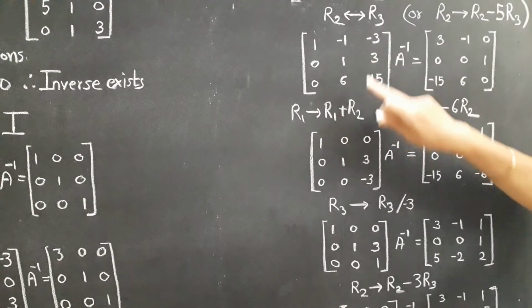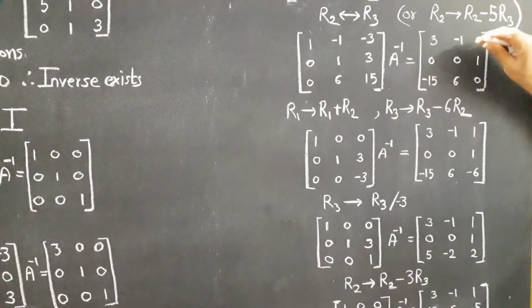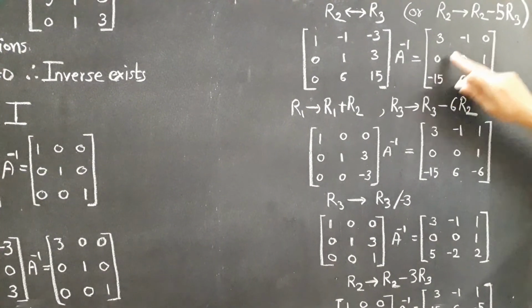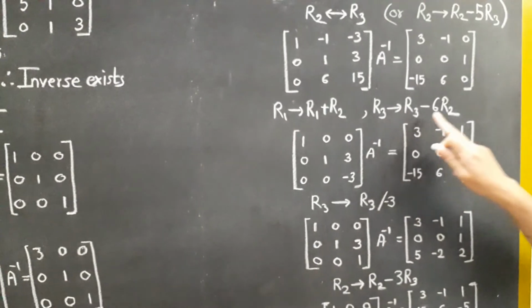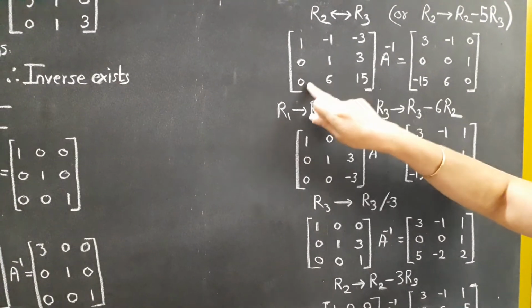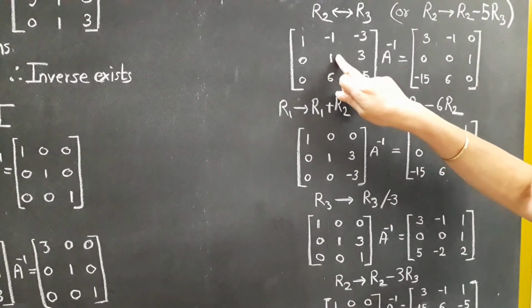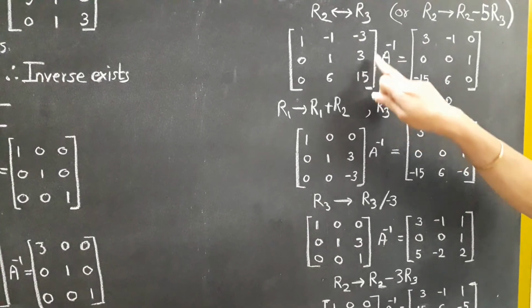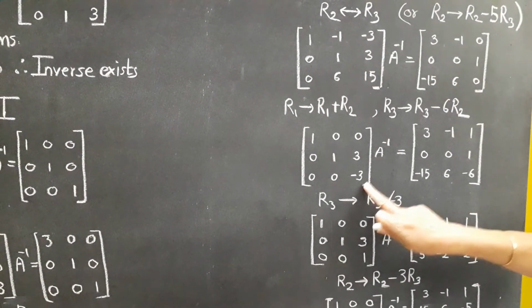R1 plus R2, you can do it. R1 plus R2, luckily we are getting 0 over here. Good. Then 3 plus 0, minus 1 plus 0, 0 plus 1. In the same manner, R3 is also we are going to change. R3 minus 6 times whatever you do, you will get 0. 6 minus 6 times 1 is 0. 15 minus 6 times 3 is 18. 15 minus 18 is minus 3.